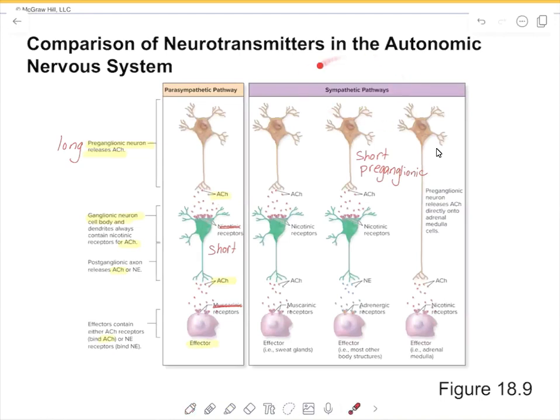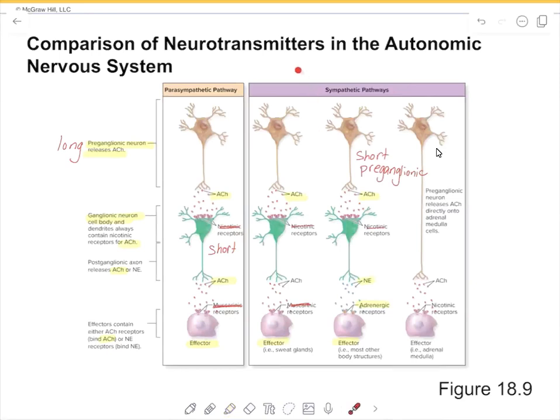For the sympathetic pathway, it's always going to release acetylcholine from the short preganglionic neuron. Again, the terms nicotinic and muscarinic you can ignore. You should know that the term adrenergic only refers to the sympathetic nervous system because norepinephrine is what is released there.